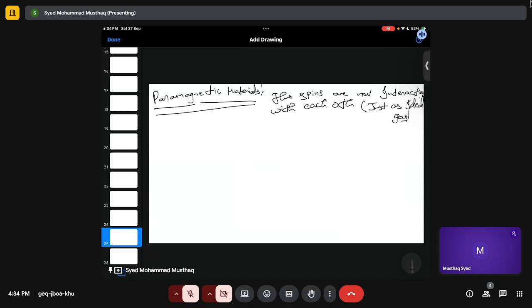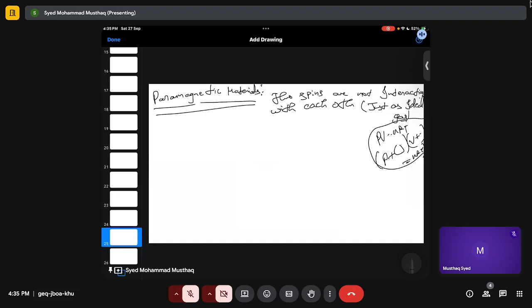In an ideal gas, we assume there is no interaction between the gaseous species or gas particles, right? That's how you get PV equals nRT. If you assume there is an interaction, then you will have another term here, and if I consider volume, then there is another term. These spins are not interacting with each other.